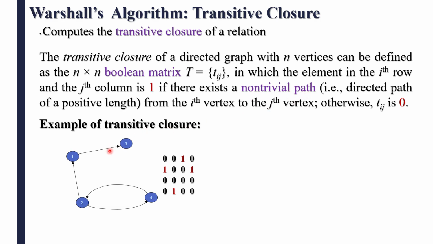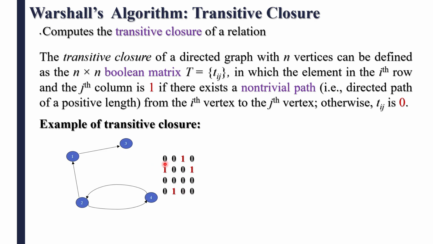Non-trivial path means positive path. The 1 to 3 path exists, so it is 1. In the same way, the 2 to 1 path exists, so it is 1. The 2 to 4 path exists, so 1, and in the same way the 4 to 2 path also exists, so it is 1. For the remaining, there is no path, so you take them as zeros. If a directed positive path exists, you take it as 1.